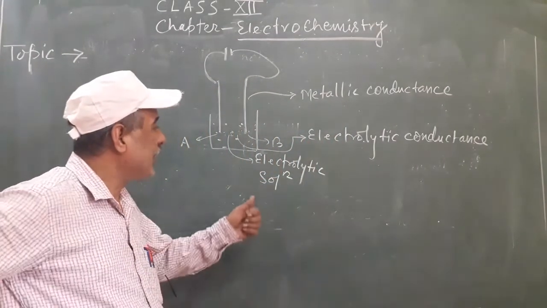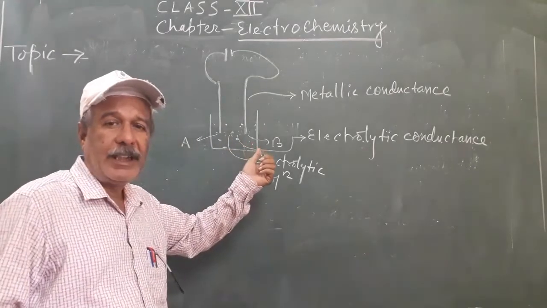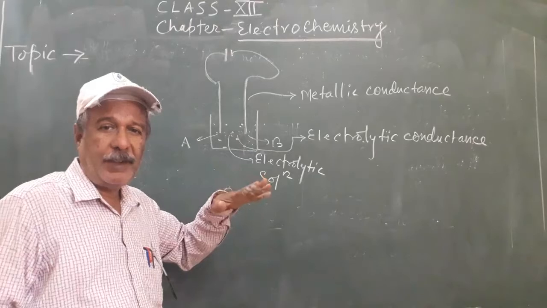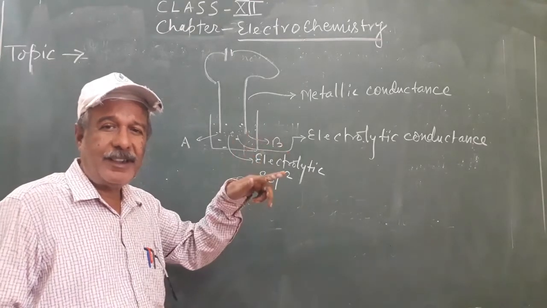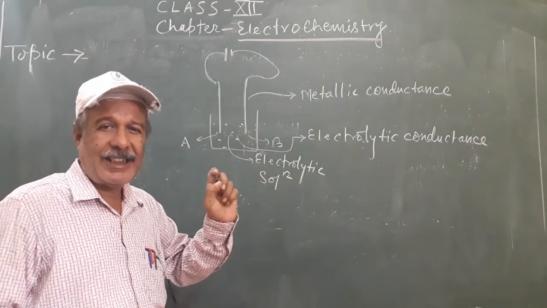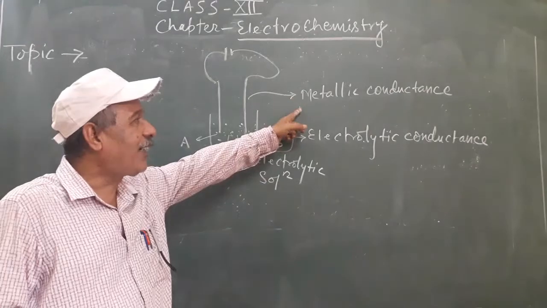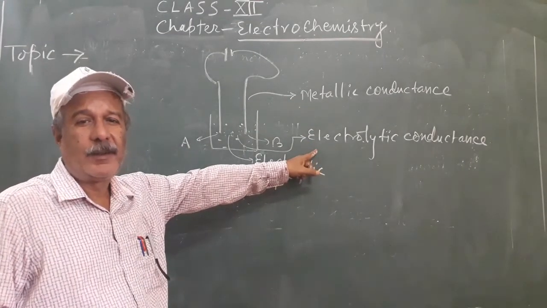So, on the basis of this medium of movement, the pathway adopted by electric current during the complete journey, the two terms are now very much clear to us: metallic conductance and electrolytic conductance.